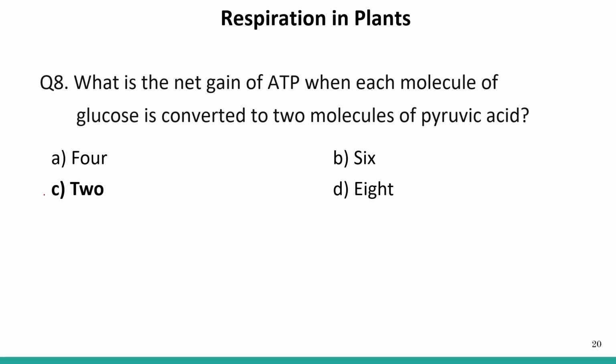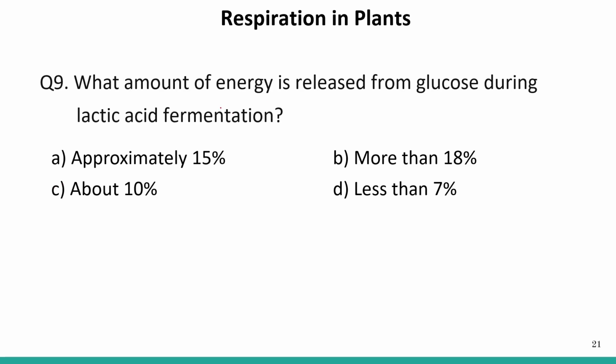What should be the answer? 2 ATP. The next question is: what amount of energy is released from glucose during lactic acid fermentation? Lactic acid fermentation takes place without oxygen. There is no use of oxygen. Pyruvate, which is produced at the end of glycolysis, is converted into lactic acid.